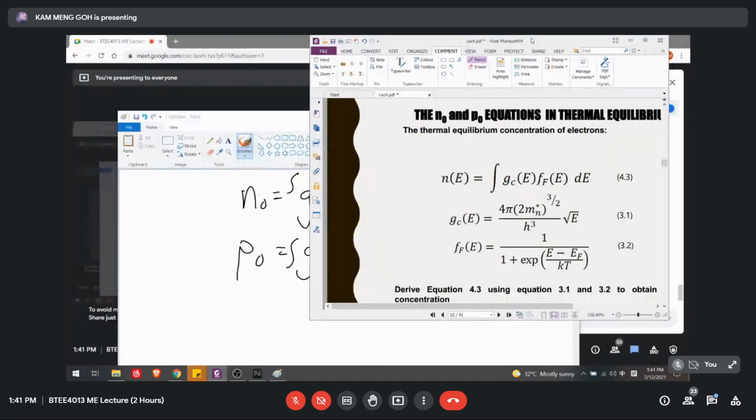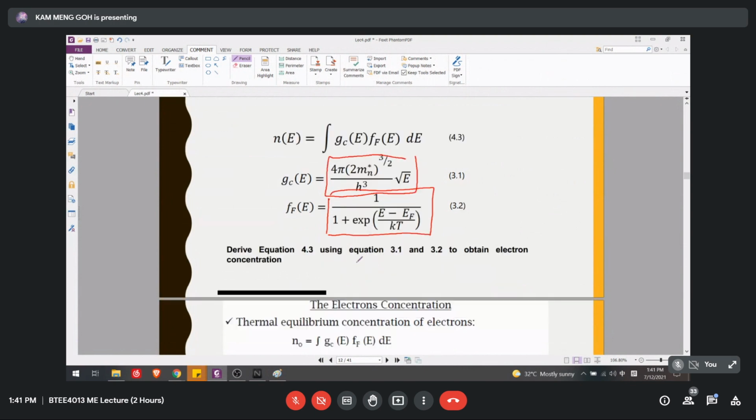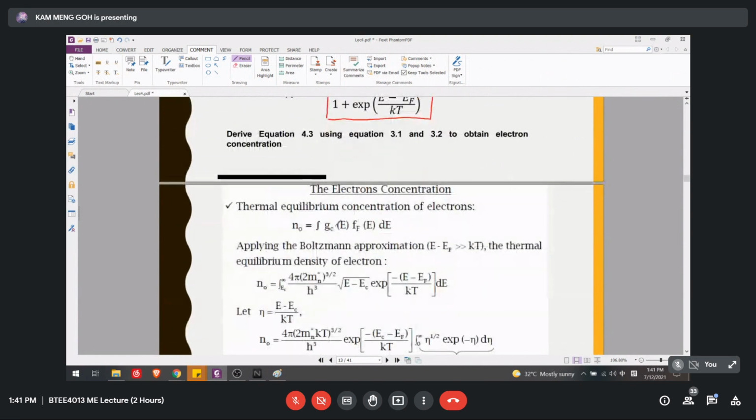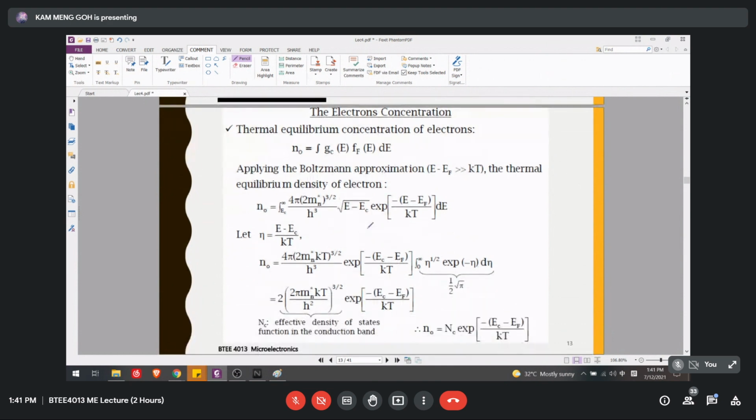So GC, this formula we learned last week. This thing we also learned last week. Then when we do the integration, we apply the Boltzmann approximation to make this part easier first, so that we don't have to integrate so many things. For here I won't show you step by step.